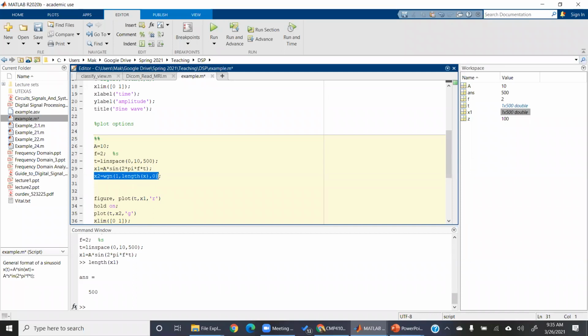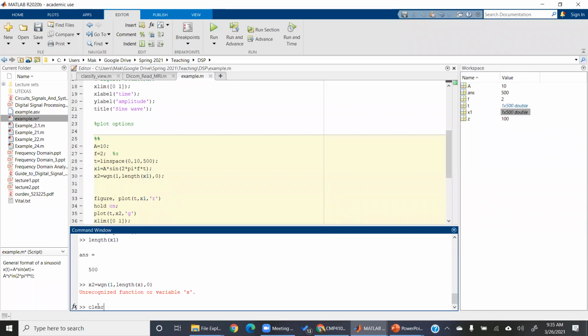Okay, this should be X1. And debugging in Matlab is pretty straightforward. It always shows you the line of code that is throwing the exception, and then it tells you explicitly what the error is.